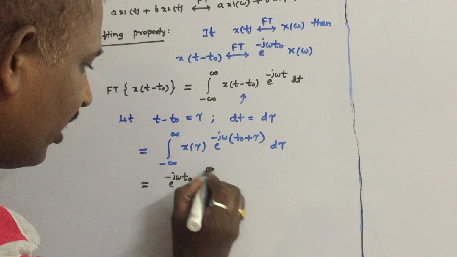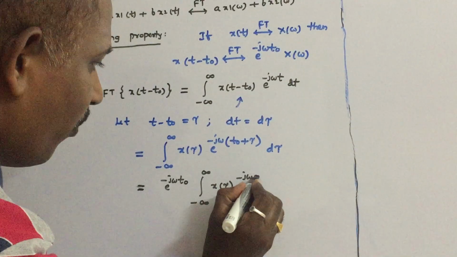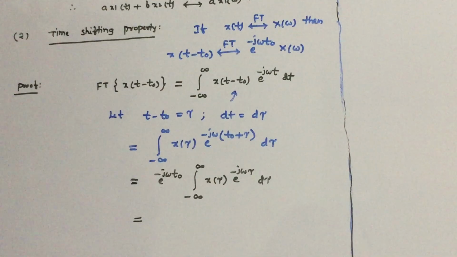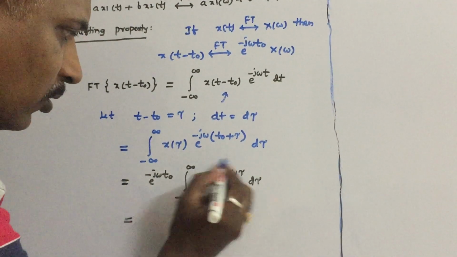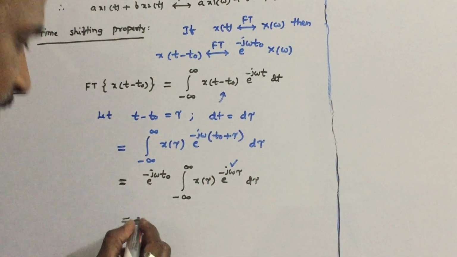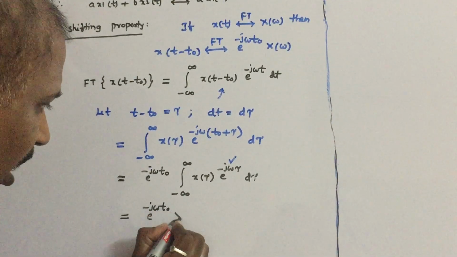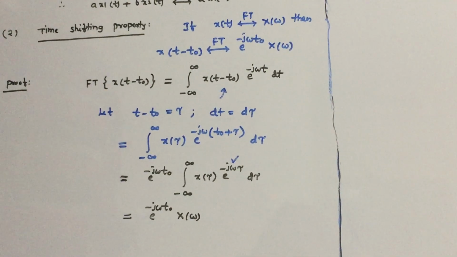Integral minus infinity to infinity x of tau into e power minus j omega tau d tau. This is the definition of Fourier transform of x of t or x of tau. Whatever it may be, the answer will come in omega. So it can be written as e power minus j omega t naught into x of omega.